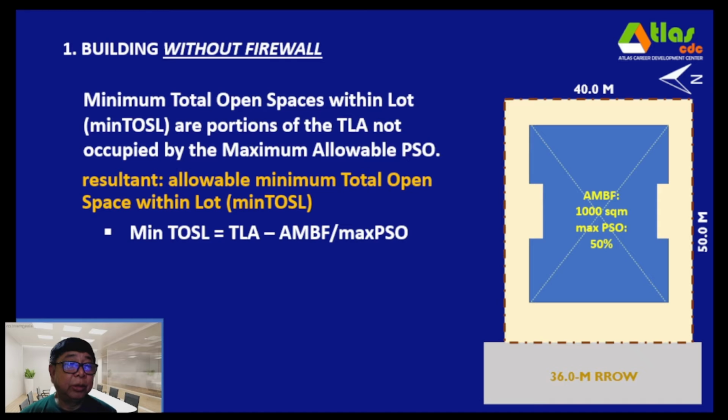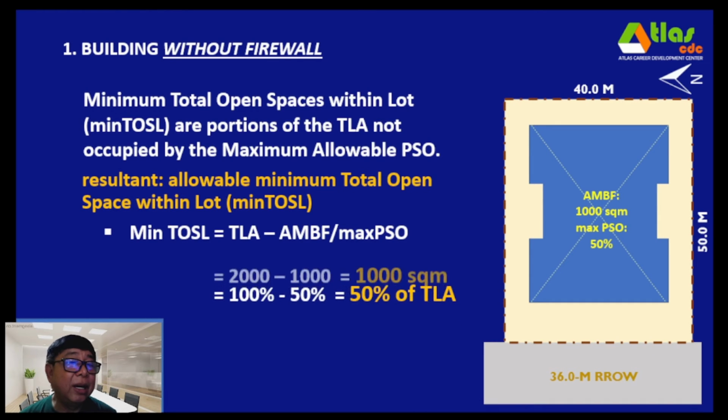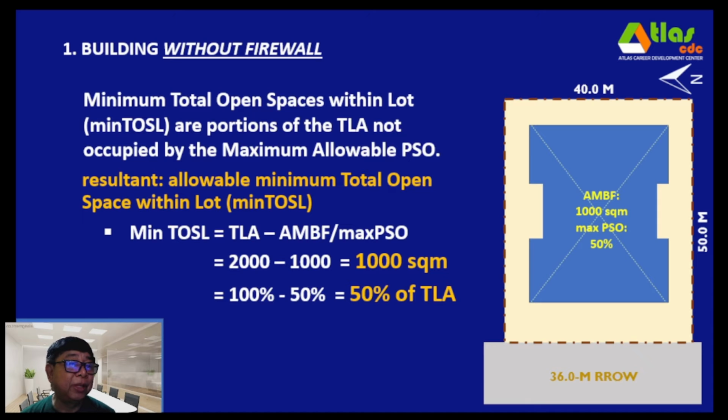So therefore, our resultant minimum TOSL will be 100% minus 50%, and that will give you a minimum TOSL of 50%, or 2,000 TLA minus the 1,000 AMBF will give you 1,000 square meters minimum TOSL.